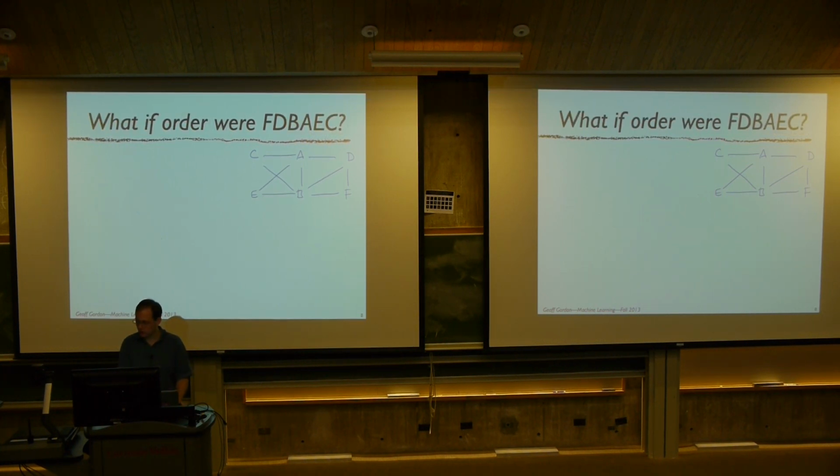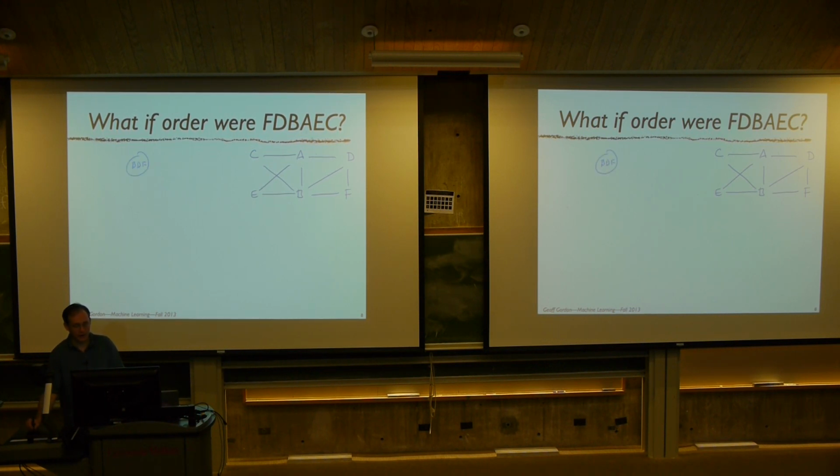So I should point out also that we could do the same junction tree in a slightly different order, right? So if we did, like I mentioned, more than one variable elimination order can correspond to the same junction tree. And so this is the reverse of the order that I considered on the last slide. And if you look at it, you'll eliminate F, which means you'll do BDF as your first clique, right?